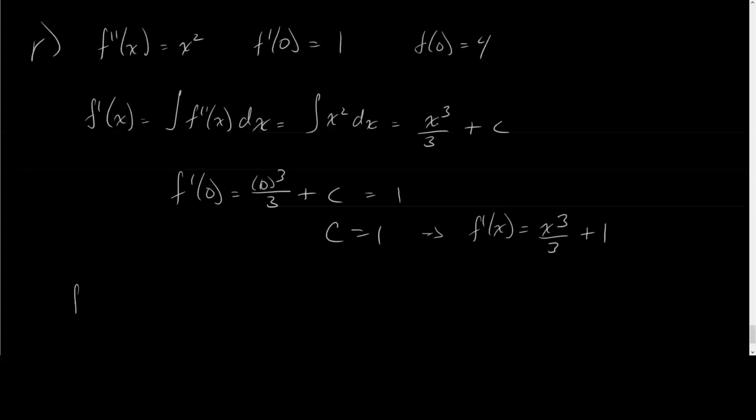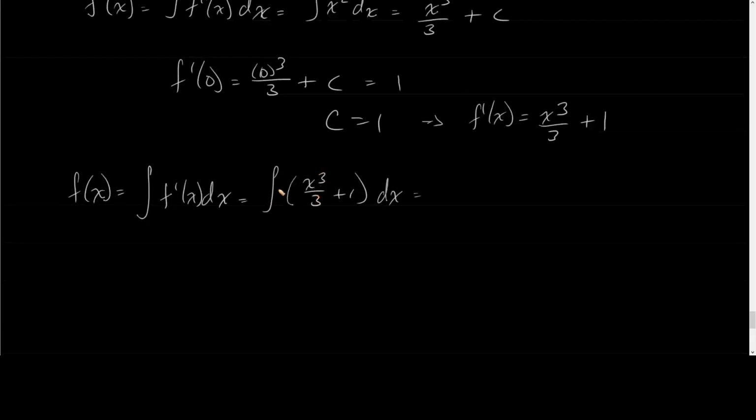Now, f of x would be the antiderivative of f prime of x dx, which would be the antiderivative of x cubed over 3 plus 1 dx. And what happens when we do that? Well, the antiderivative there, add 1 to the exponent, divide by the new exponent.